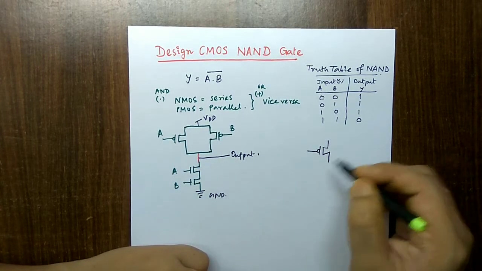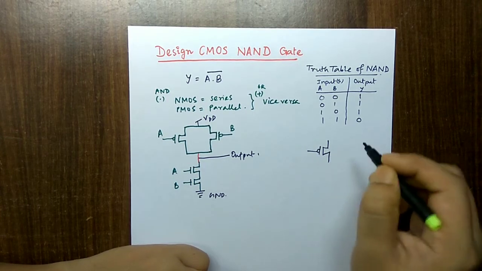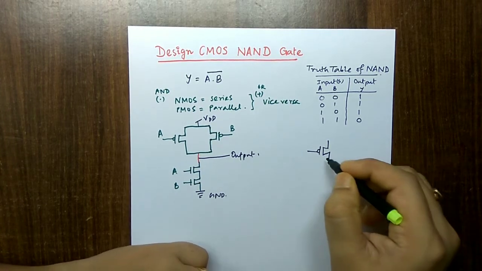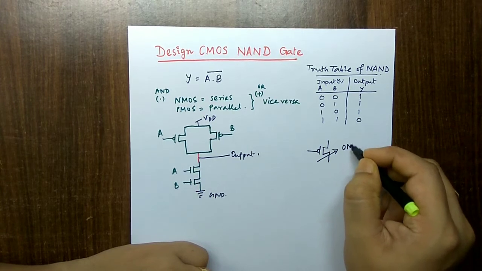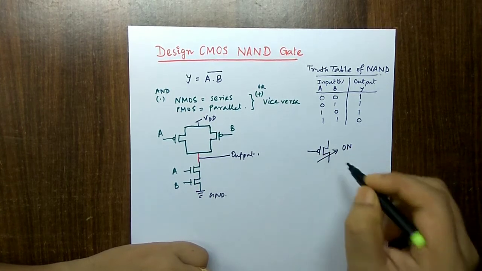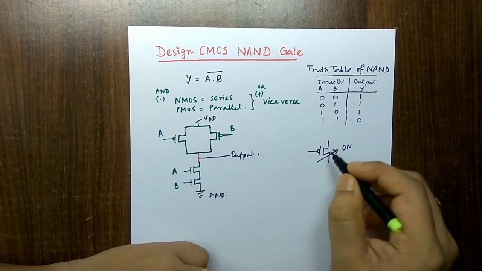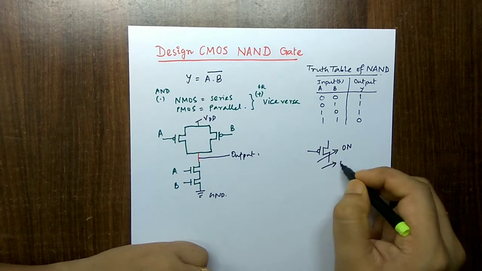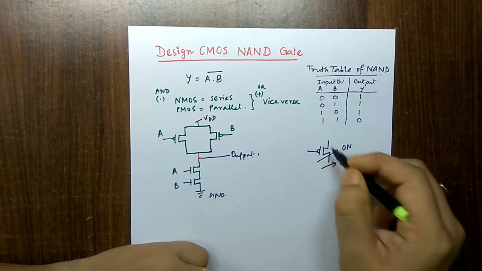If the PMOS receives logic 1, that means the value is high, we can say that it is off. If that PMOS receives logic 0, you take the value as on. Again I am repeating so that you can understand the basic principle of a MOS.